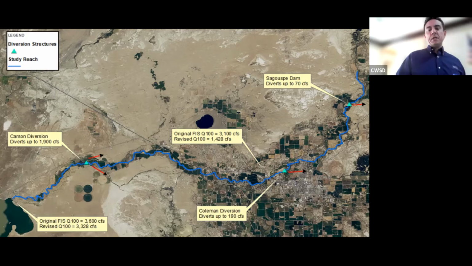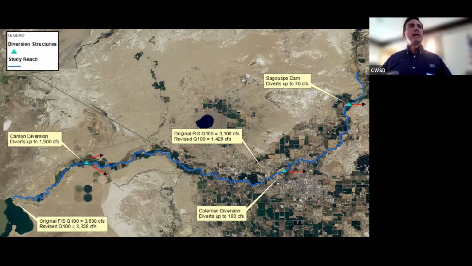There is also a commitment to divert about 190 CFS at the Coleman diversion, and then about 70 at the Seguski Dam. So TCID is actively managing these diversions during a high flow event to try and shed that water away from the river and the folks that live along the river, the properties along the river.